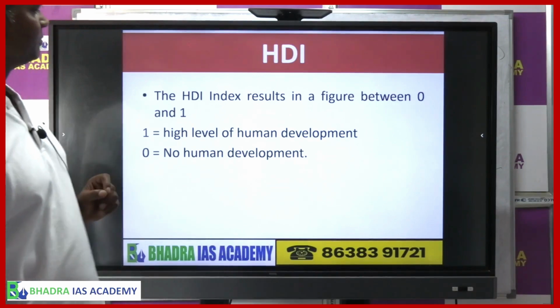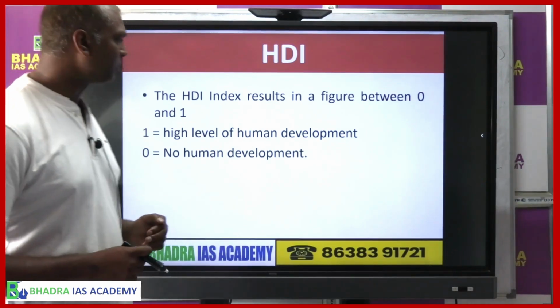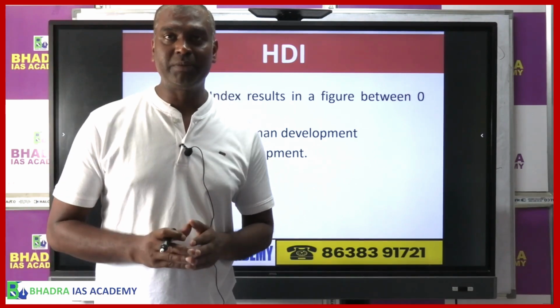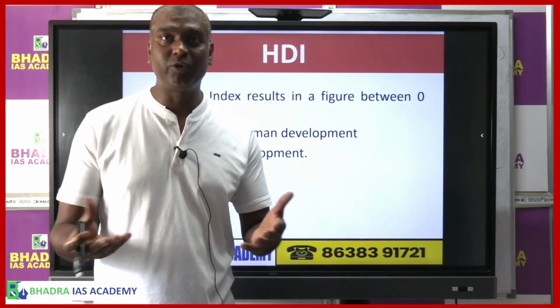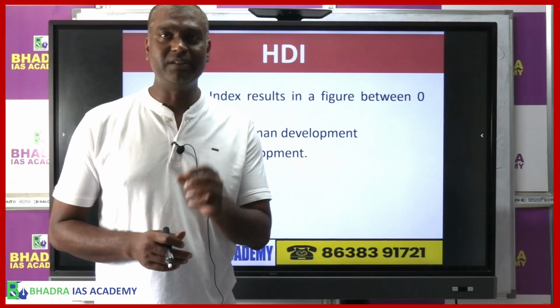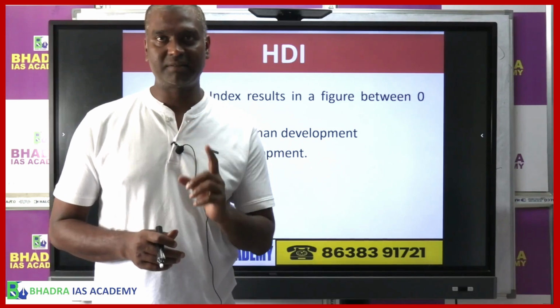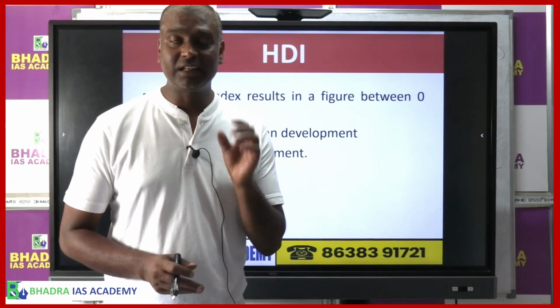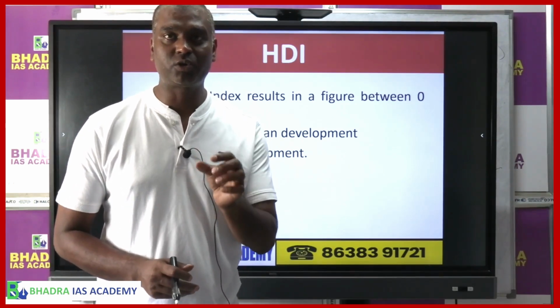Now normally the score of the Human Development Report, the HDI value, ranges between 0 and 1. It is not 1 to 100, so no such marks are given. The score is 0 to 1.